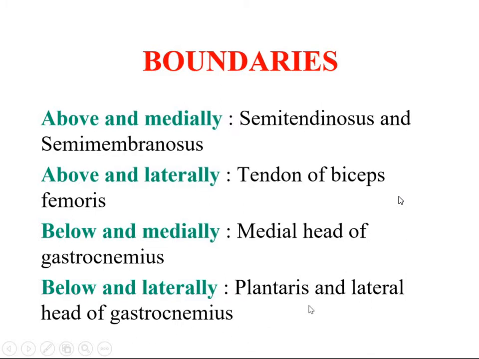So it is easy. Obviously, medial side will be the medial head of gastrocnemius, and lateral side will be the lateral head, but along with the lateral head we have another muscle, that is the plantaris muscle.